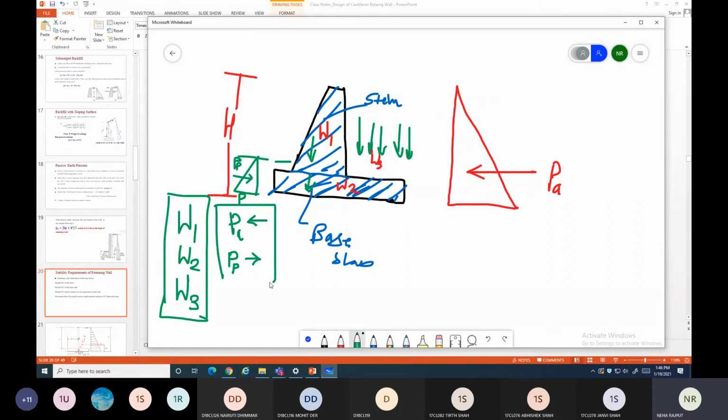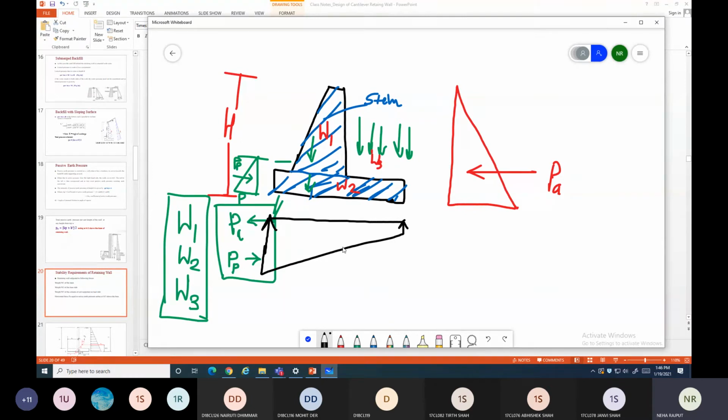So there are two lateral forces over here, and below this retaining wall there is also soil. The wall is resting on the soil surface, so the soil below the retaining wall will also give pressure, and that pressure is known as uplift pressure. This is the diagram of uplift pressure.